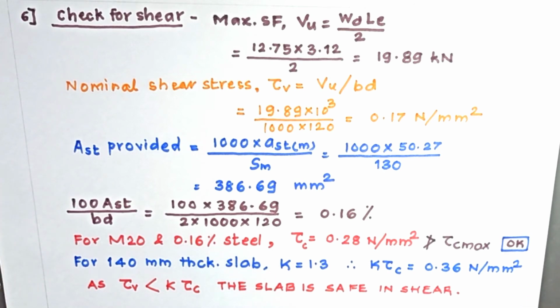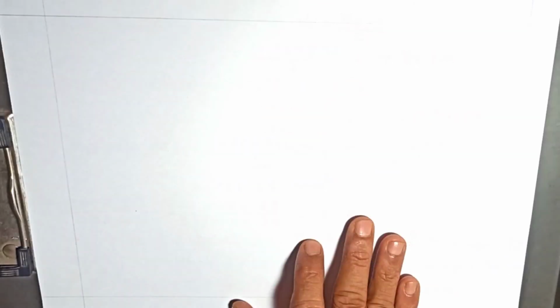Now the check for shear, almost 99% slabs are very safe in shear. Therefore, it is not necessary to check the slab for shear. So now let us take the check for bond or check for development length.